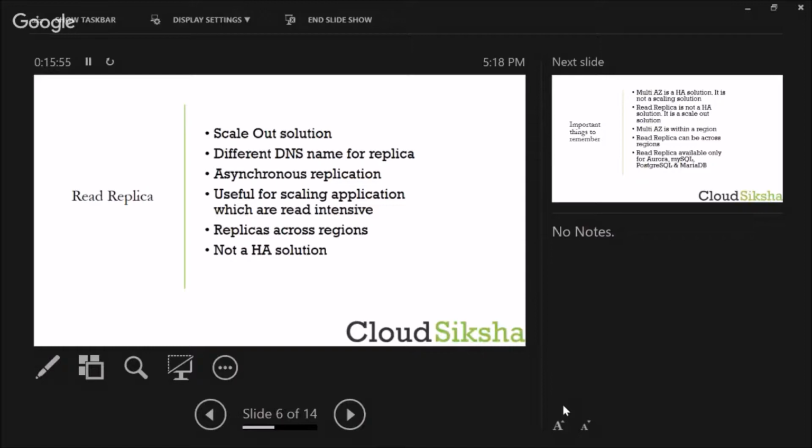Asynchronous replication basically means that the primary and secondary are not always in sync. There could be what is known as a replication lag. So when you create a read replica, you will get a new database altogether. A replica database is to be treated as a new database, but it's a read-only database.